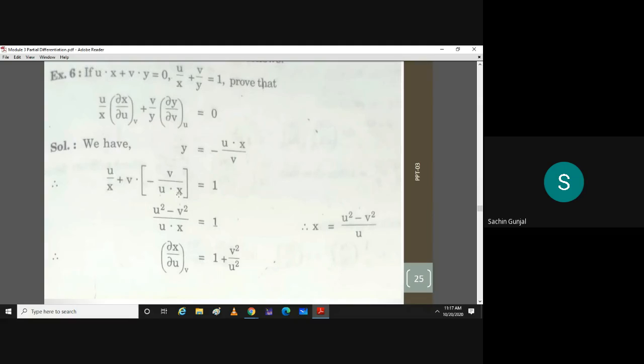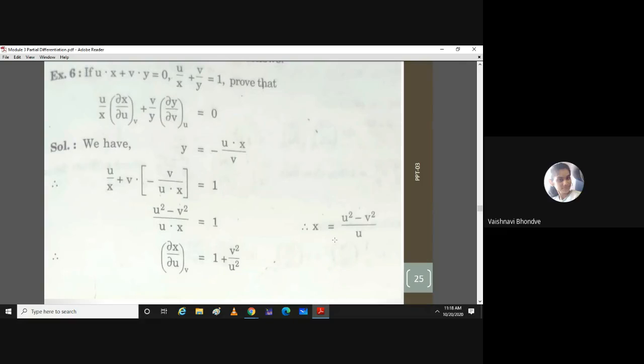Now if you simplify this, you will get (u square minus v square) upon u into x equal to 1. So from which x is equal to (u square minus v square) upon u.